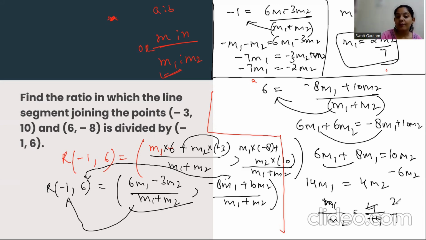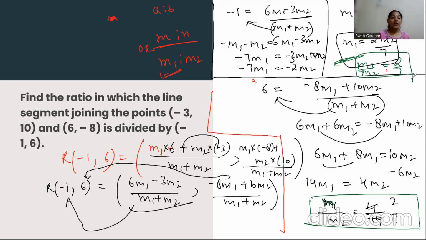And here also, if you will see, I am changing the color because the thing is very, very interesting. m1 by m2 equals to 2 over 7. And here also, m1 over m2 equals to 2 over 7. So it means the ratio in which the line is dividing is 2:7.